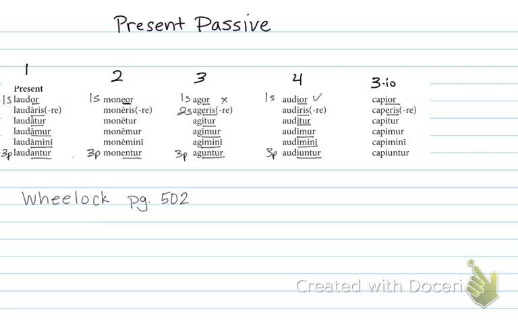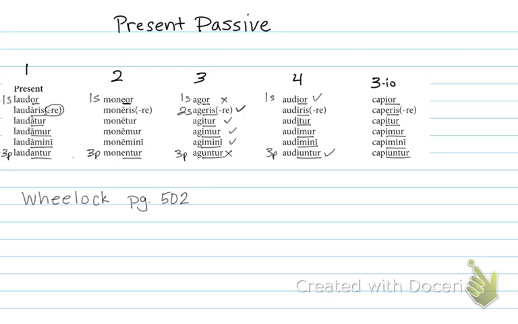After that, the second singular resembles the third conjugation, and the next three, -itur, -imur, -imini, all resemble the third conjugation with a short I, and then the last one has an I before -untur, in which case it looks more like the fourth conjugation than the third.